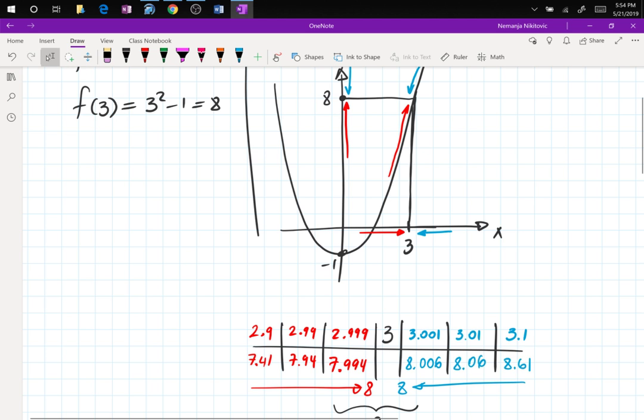When you approach from the left, that's your limit, which was denoted as a minus. You would be writing limit as x goes to 3 minus for this one. So this is your limit 3 minus. You are approaching from the left. And the blue one is 3 plus.